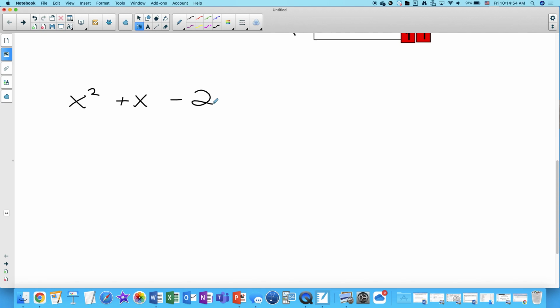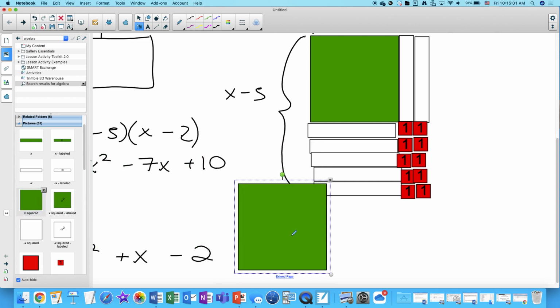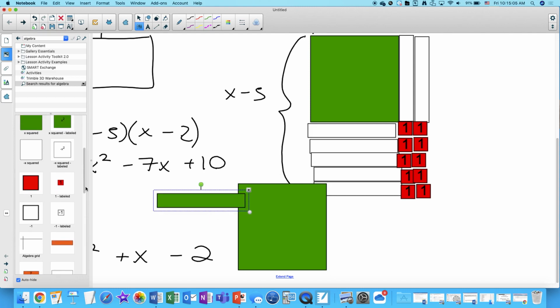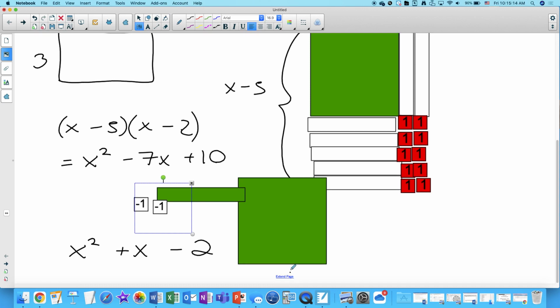Okay, so I'll take those tiles out. There's my x squared tile. I need an x tile, and I need 2 negative 1s. Okay. So let's see if I'm going to be able to do this. What do you guys think? Can I make this into a rectangle?